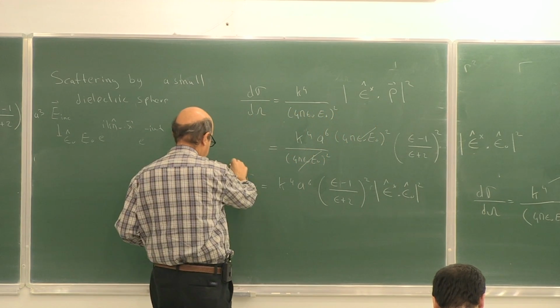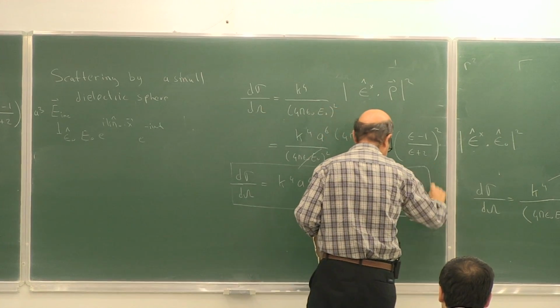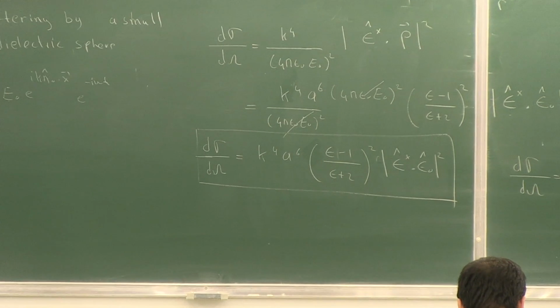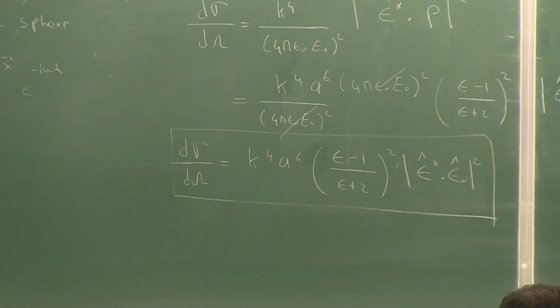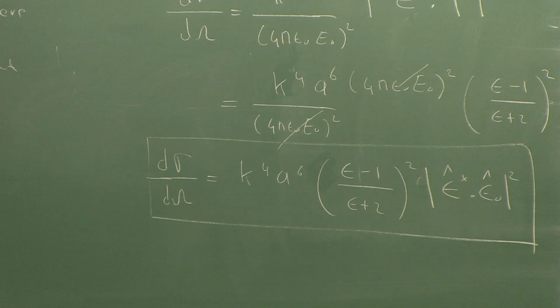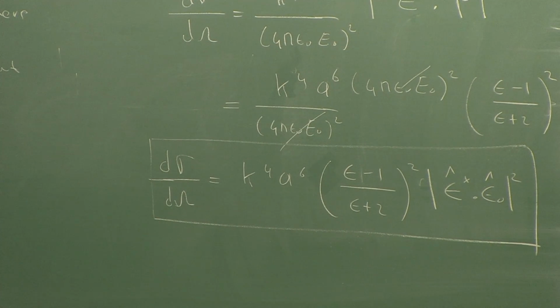So this will be the formula. As you see that this is related with that scalar product, and let us try to estimate that scalar product, which is polarization before the scattering and after the scattering.